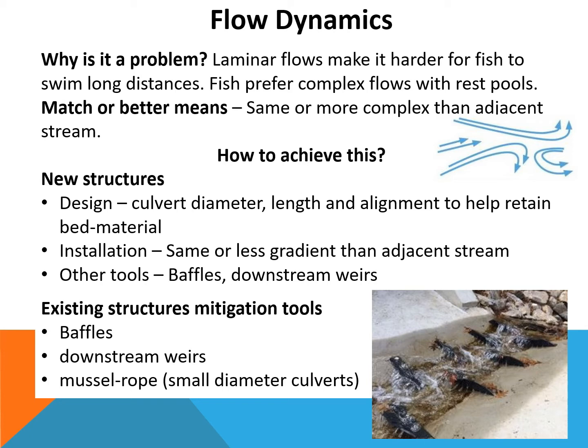And fortunately, we can achieve this through good design and installation, and add-ons such as baffles and the likes to try and create a more natural environment with the complexities of flow.